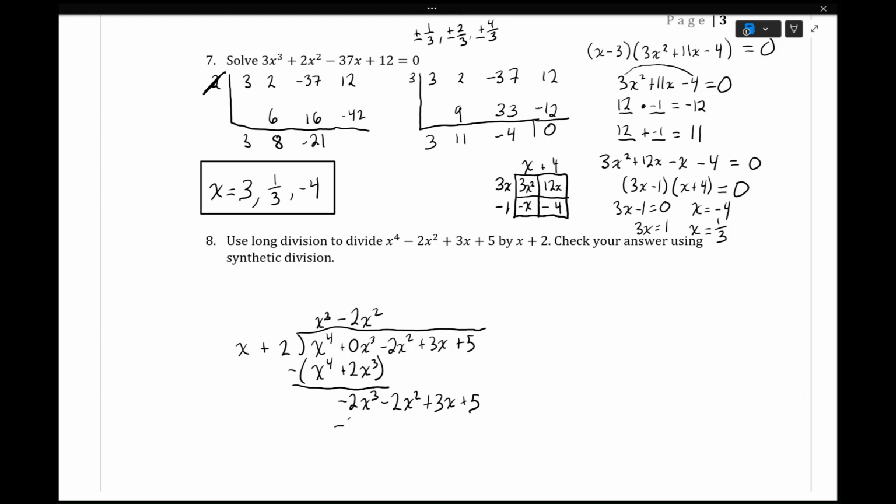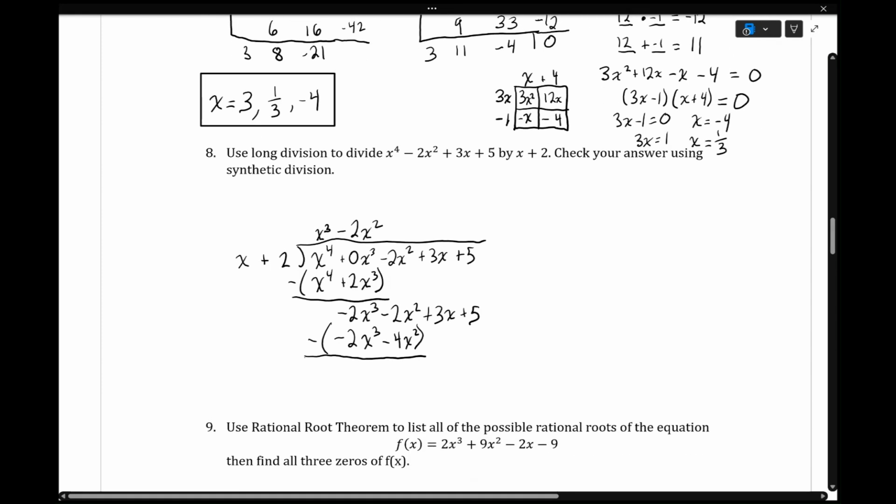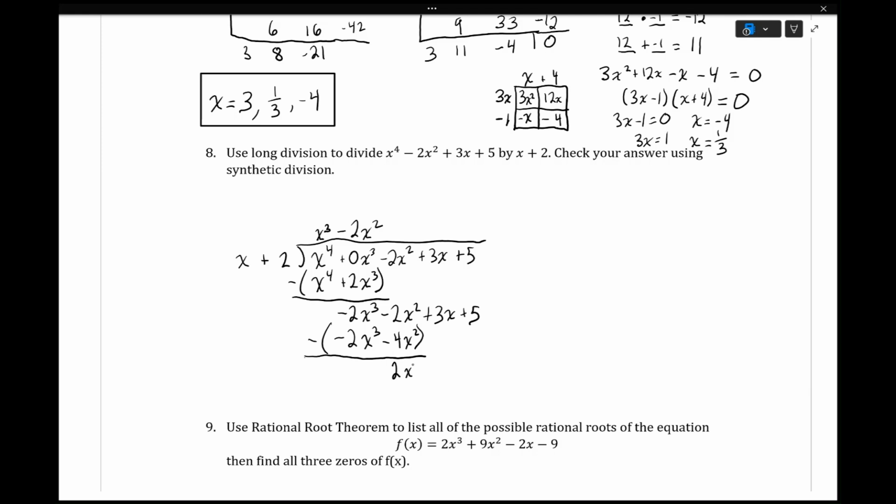So I have a negative 2x cubed minus 4x squared. I subtract all of that. And I end up with a positive 2x squared, because remember, this is negative 2 minus negative 4, which is the same as adding 4, plus 3x plus 5.